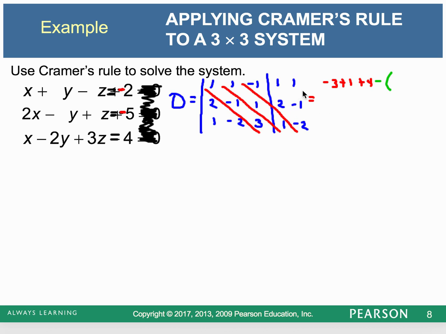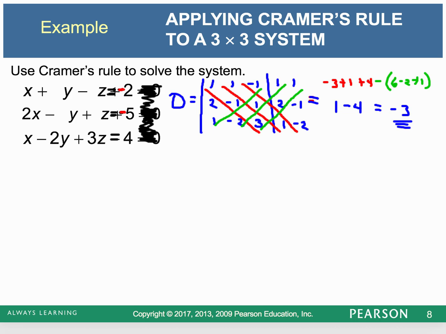Okay, and then I'm going to go down these diagonals. Minus 6, minus 2, plus 1. Okay, which is 1 minus 4 or -3. All right, so there's D.